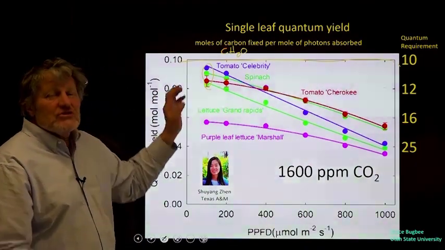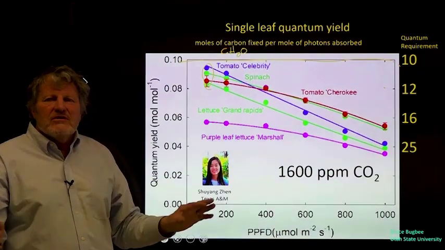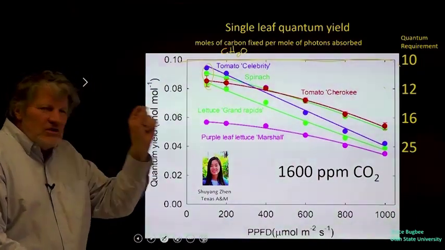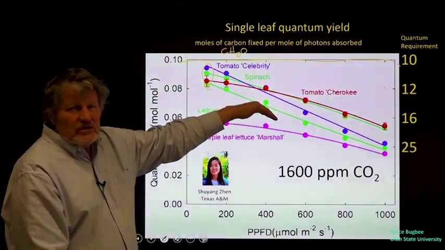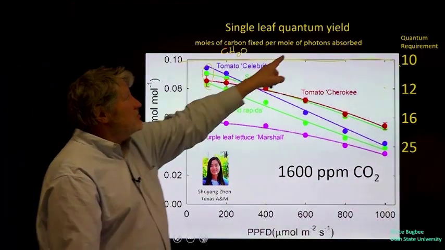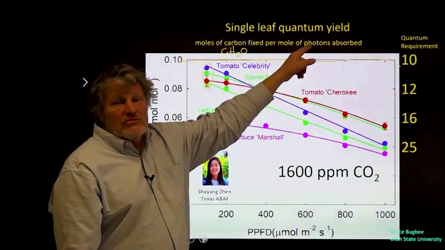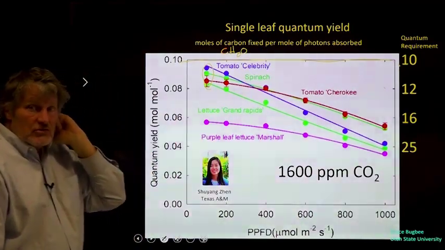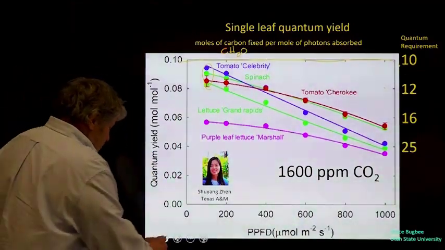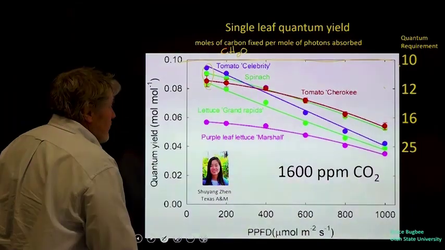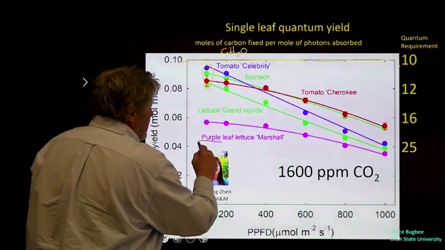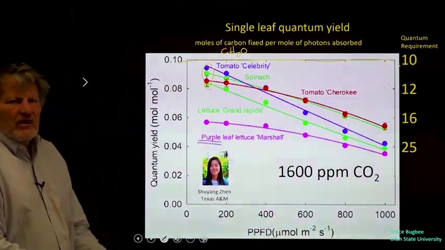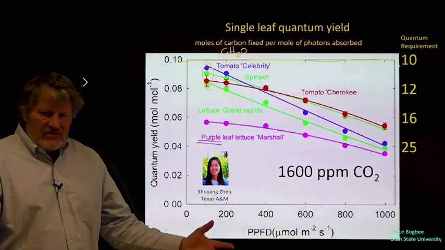Grand Rapids lettuce is a very light green lettuce. You can almost see through the leaf, and that's a little bit lower, but this is also photons absorbed. So if it goes right through the leaf, we don't count it. We only count the photons absorbed. What about the purple one? Purple Marshall is full of anthocyanins.